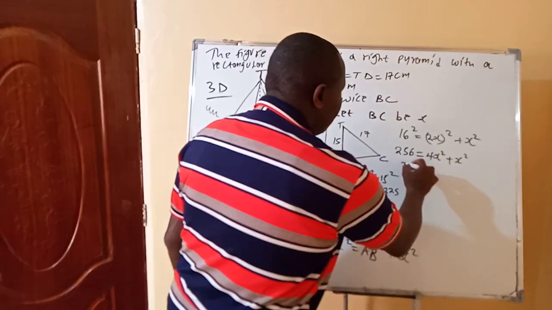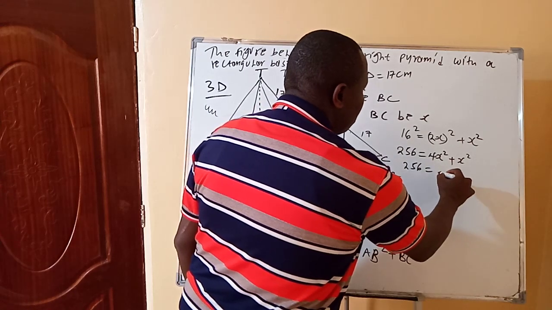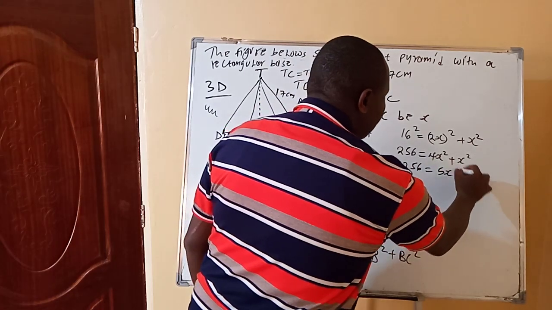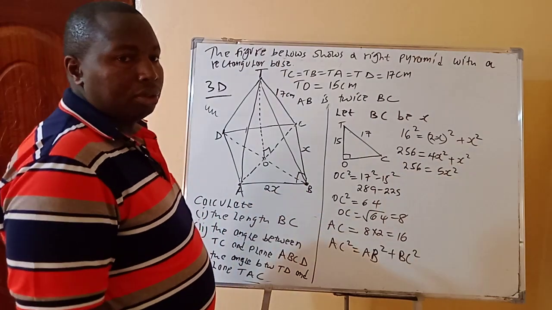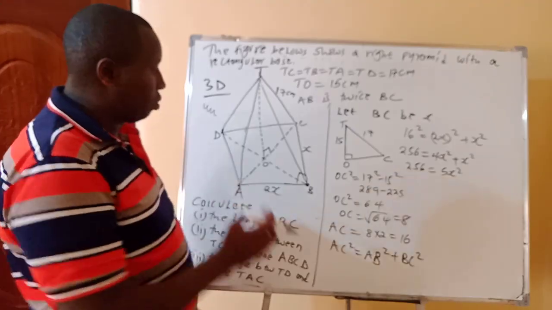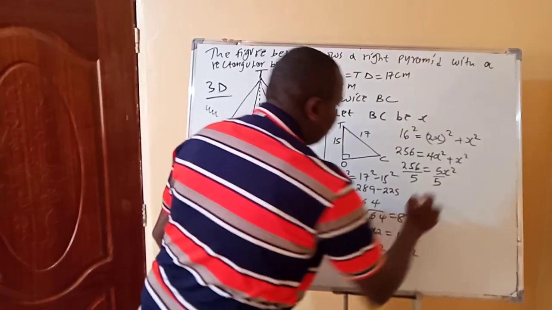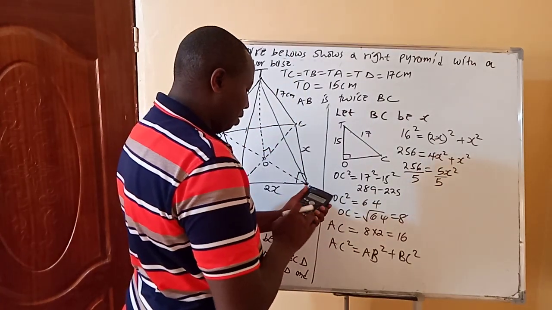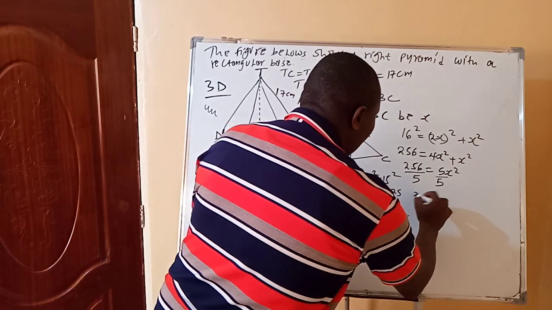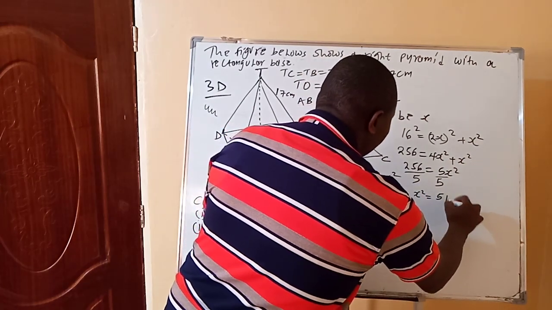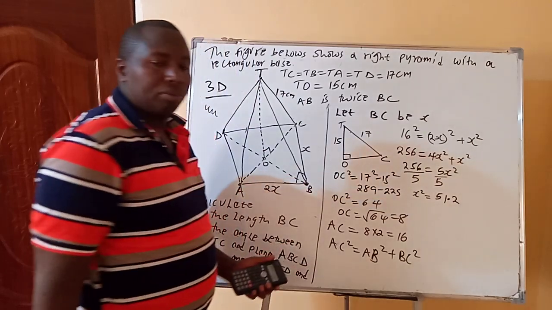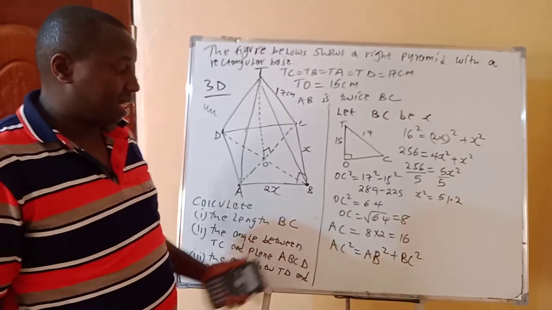So 256 is equal to 5x squared. For you to get x squared, divide by 5: 256 divided by 5. You get x squared is equal to 51.2.